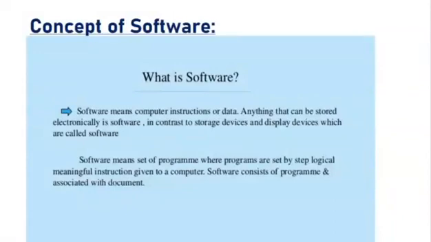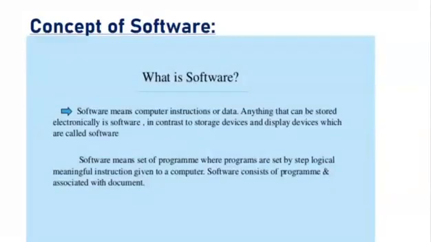Here you can see in an easy way what we can say about software. Software means computer instructions or data. Anything that can be stored electronically is software. In contrast to storage devices and display devices, which are called hardware. That means software is a set of programs, where programs are step-by-step logical meaningful instructions given to a computer.